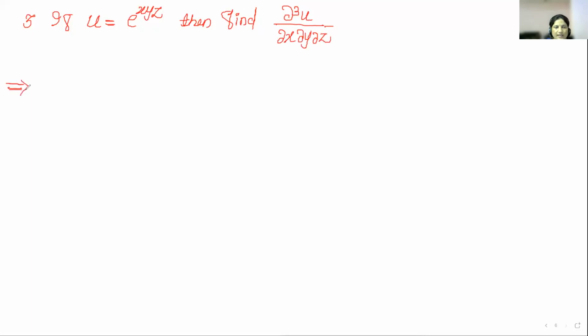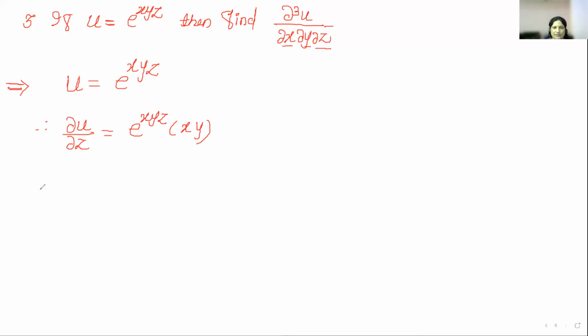So how are we taking the derivative of this given function? First, u is given, that is e^(xyz). Now according to this sequence, first differentiate with respect to z, then with respect to y, and then with respect to x. So taking the derivative with respect to z first, it is e^(xyz) into xy.